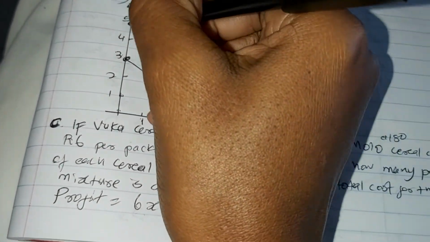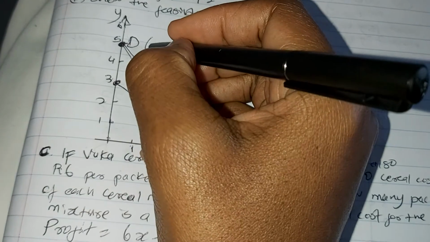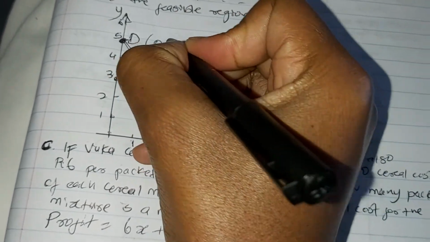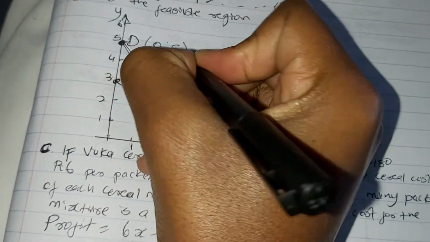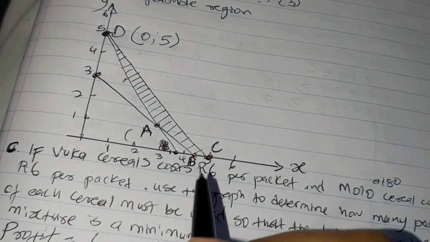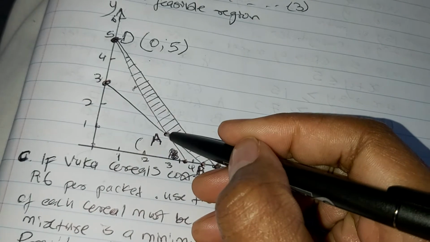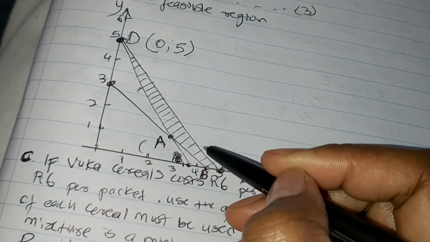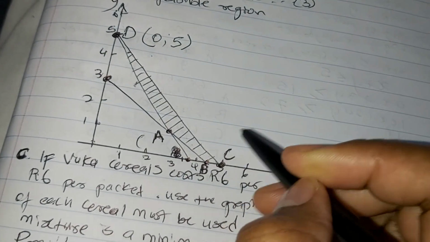So we've got point D. Point D is 0 and 5: x is 0 at this point and y is 5. Point A is 3 and 1. This is not up to scale.